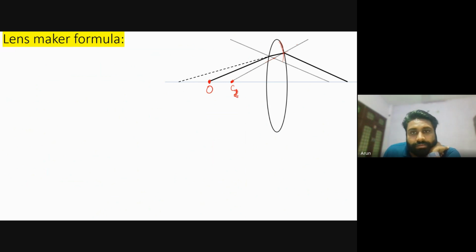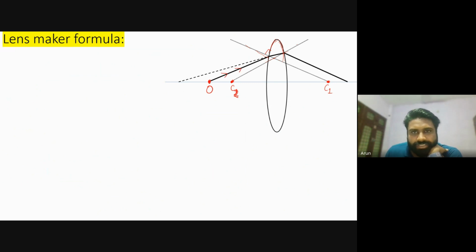This is the normal to this surface, so it definitely passes through the center of it. So this is C1.